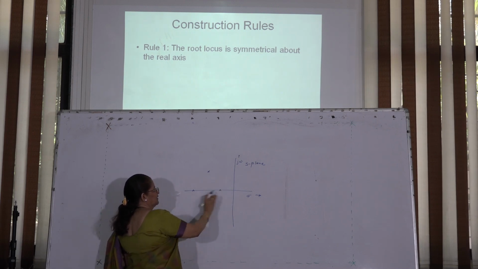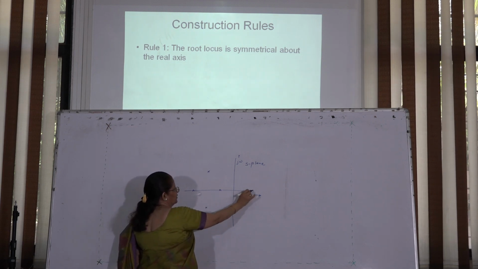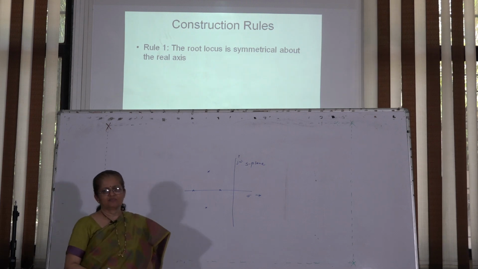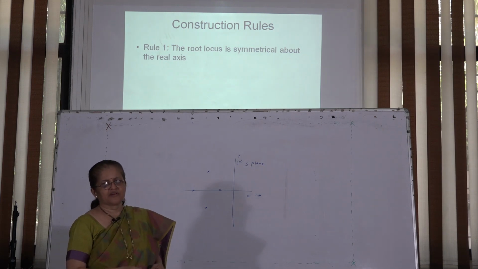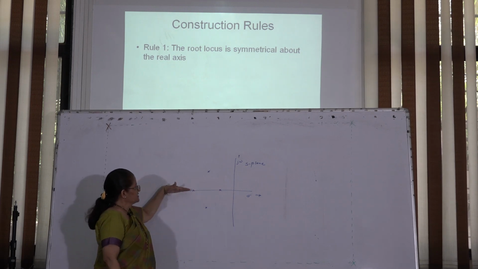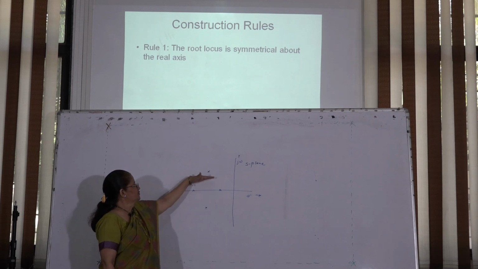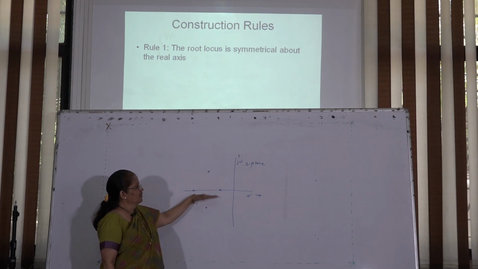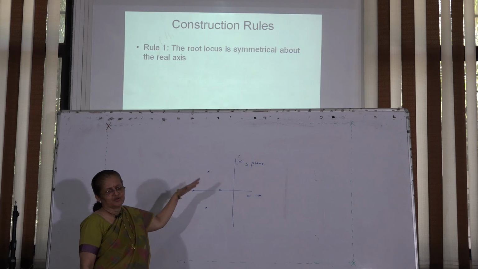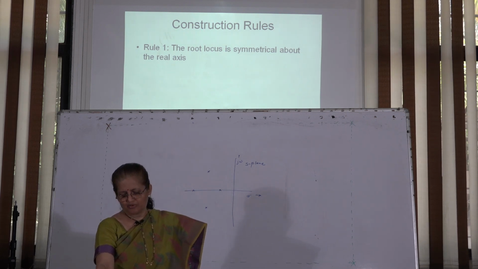So, the root locus is always symmetrical about the real axis. If it is on the real axis, no problem. Symmetrical means that because complex conjugate roots are there, it is symmetrical about the real axis.